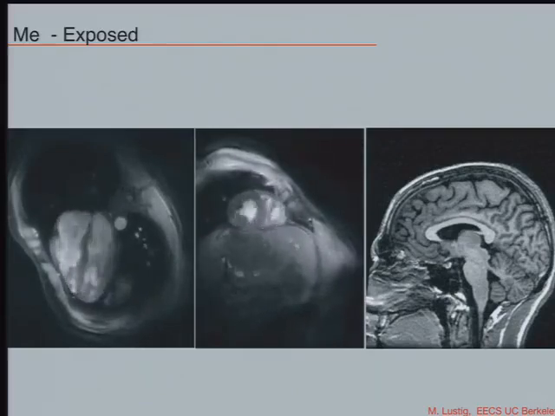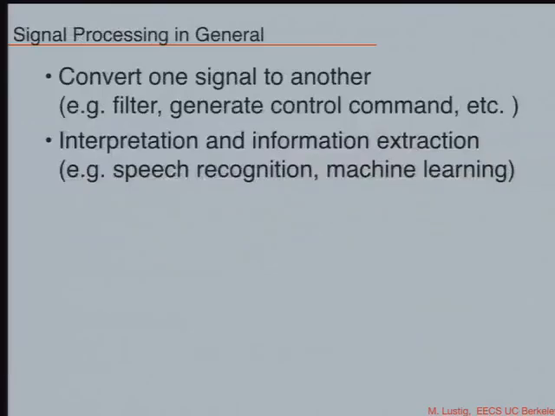And then, of course, all sorts of apps that people are implementing. For example, taking a video of yourself, and from the change of the redness of your face, you can actually detect your heart rate. People come up with all sorts of sophisticated applications. So, signal processing, let me argue, is you take one signal and convert it to another somehow.